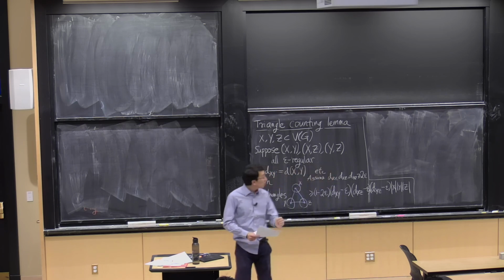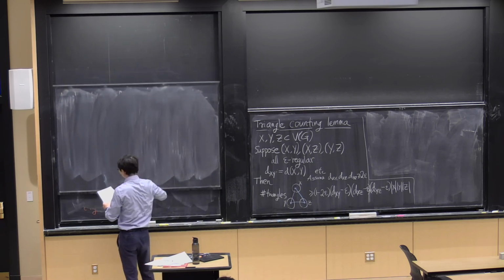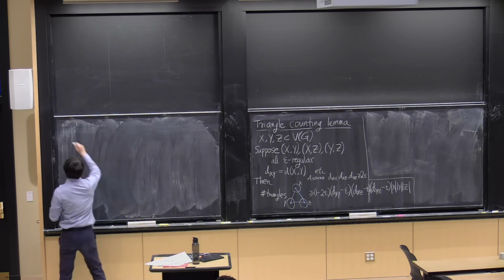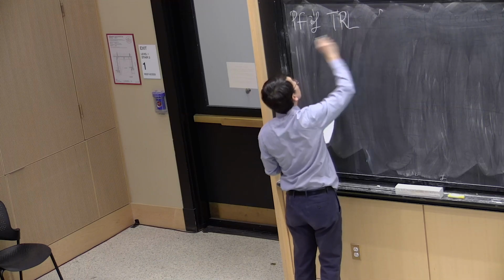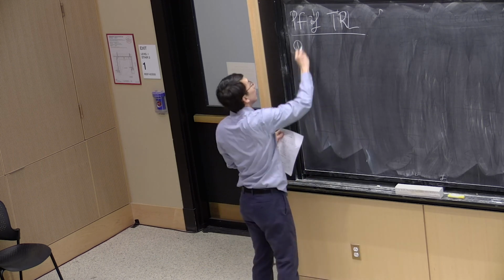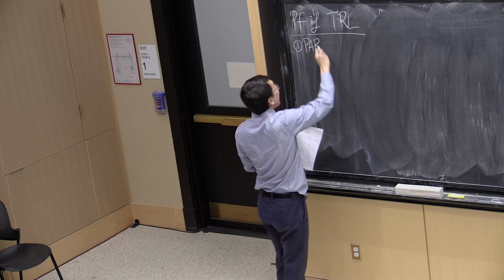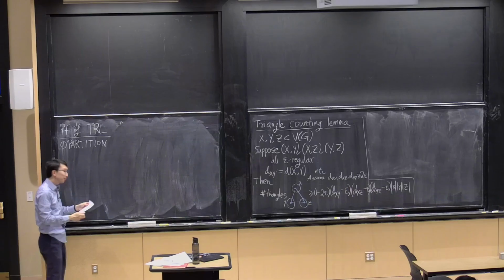Okay, so let's see the proof of the triangle removal lemma. The first step is to apply Szemerédi's regularity lemma and find a partition.